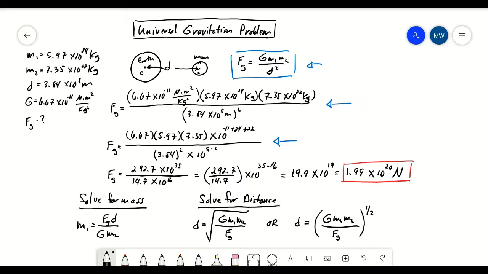The only other trick that you'll run into is you want to make sure that the inside exponent is even. So you'll have to make an adjustment with the base if your exponent is odd, so that you don't end up with a fraction for your exponent. So here's a couple examples of how we do the universal gravitational problem, and I will see you in class.